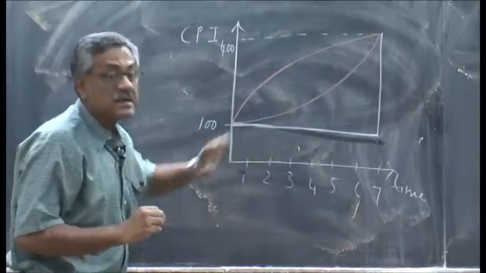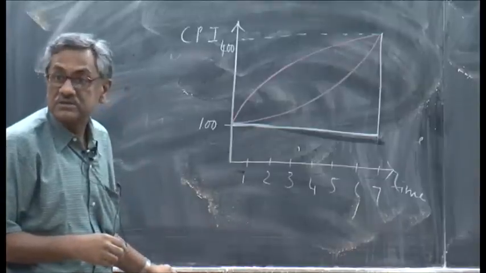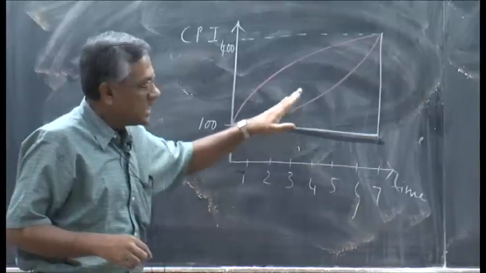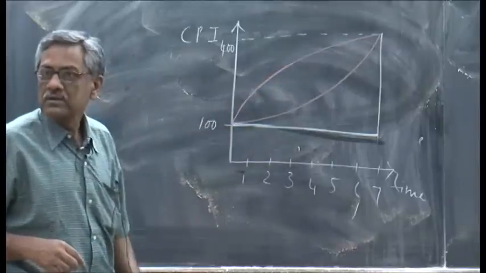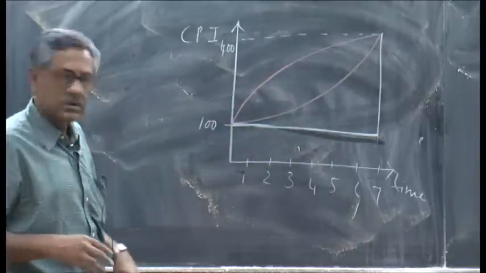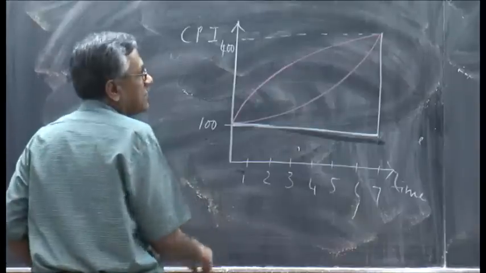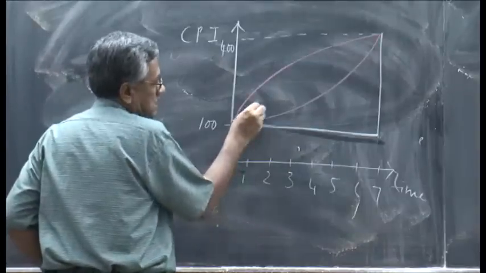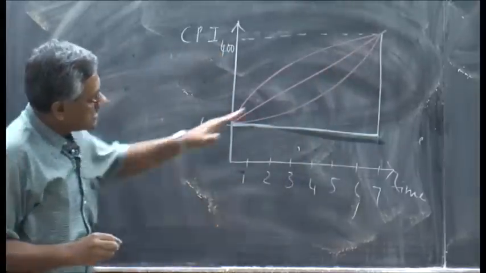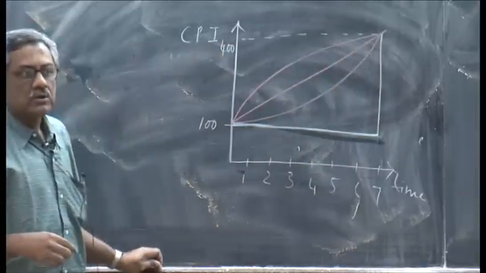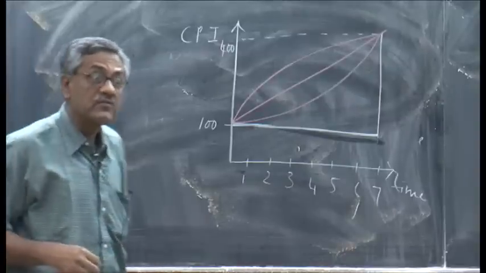So every period there is some increase in prices, either in a concave shape, a convex shape, or in a linear fashion. Prices can go up in a linear fashion up to that point. Then you call that inflation.